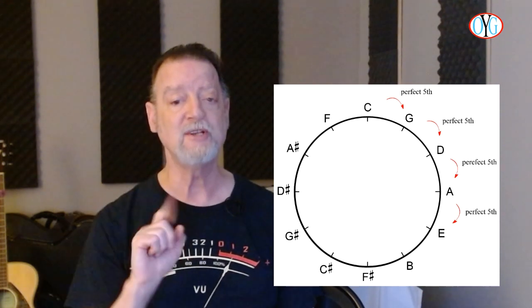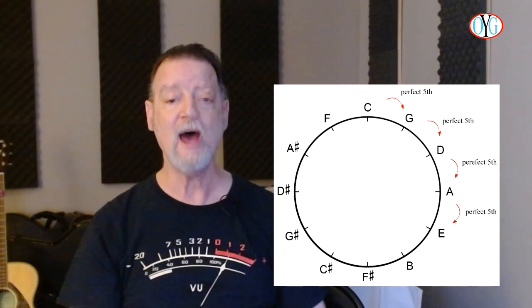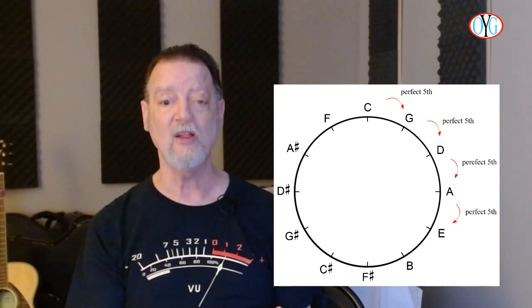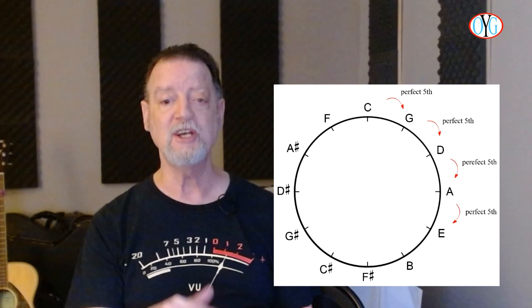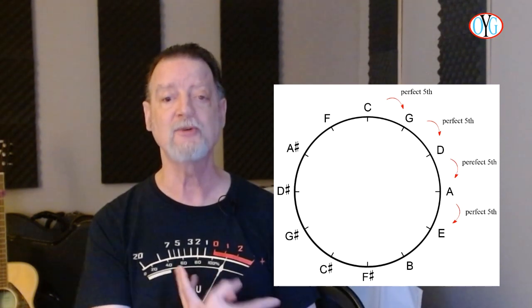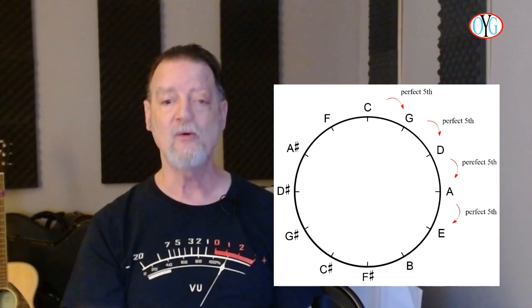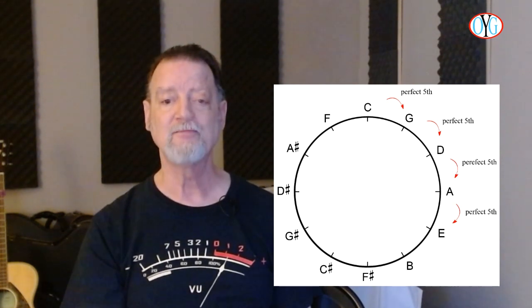And so it continues beyond that. Go ahead, test it yourself. Grab your guitar and play the major scale in C, G, D, A, and keep going through E and B and so forth around the circle, and you'll see it works every time.